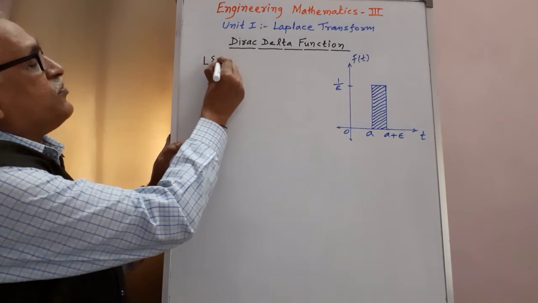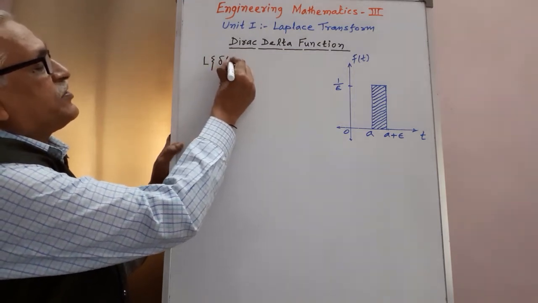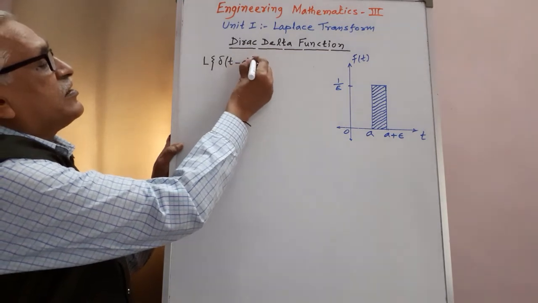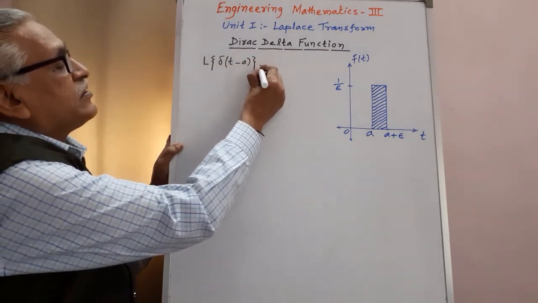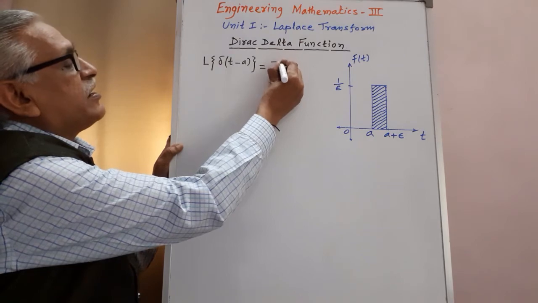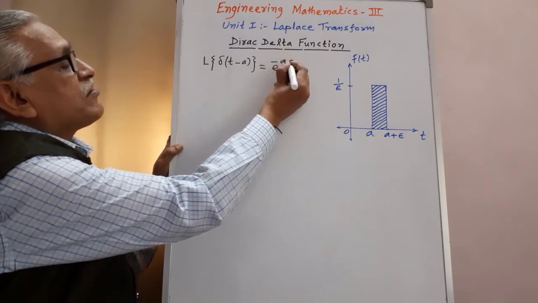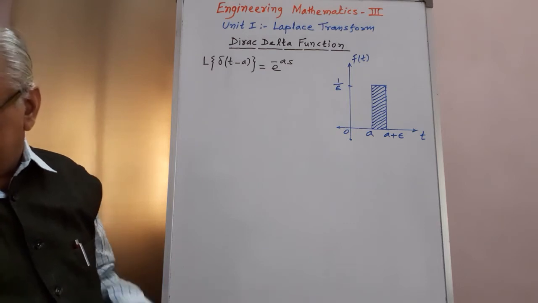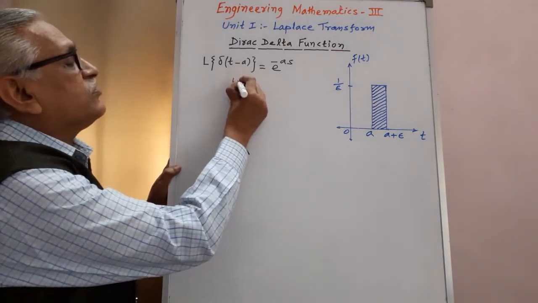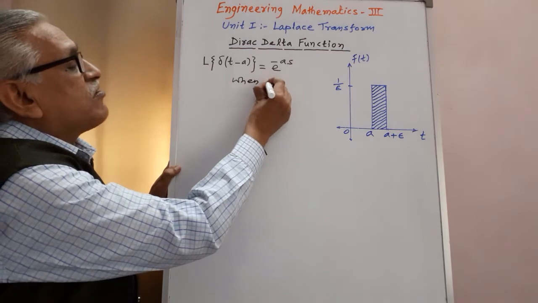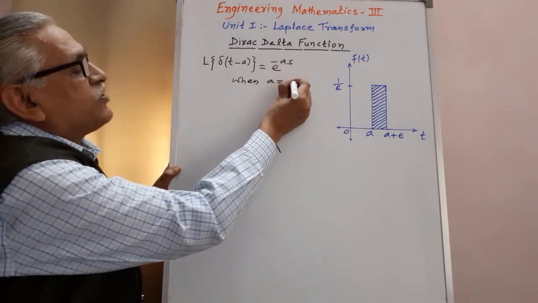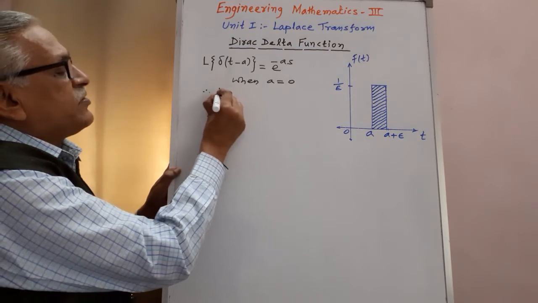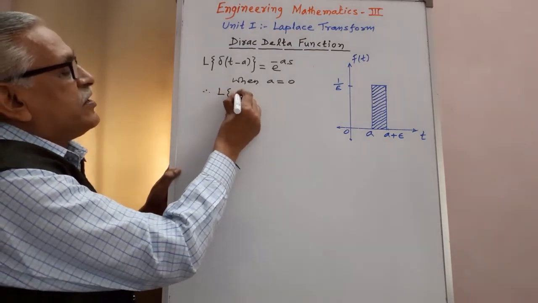Laplace transform of the Dirac-Delta function, delta of t minus a, is given by e raised to minus as. Its value is e raised to minus as, and when a equals 0, we get Laplace transform of delta of t.